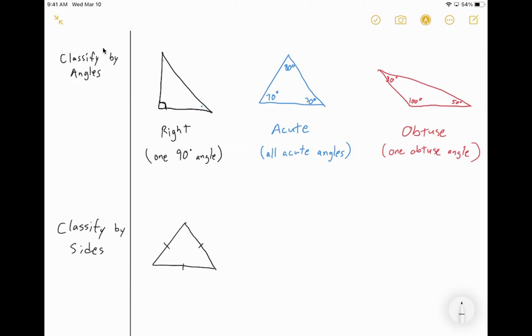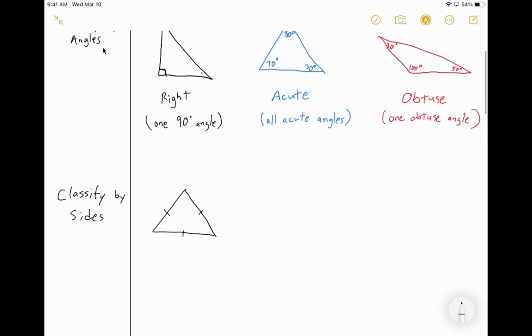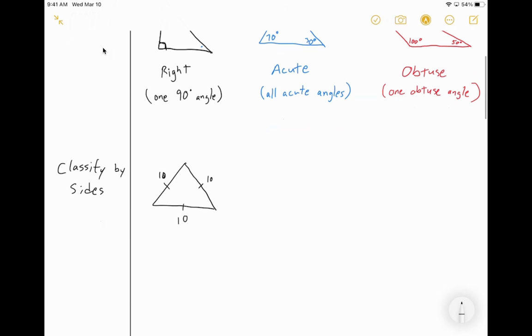These marks mean that all the sides are equal. So we'll use easy numbers here. We'll just say 10, 10, and 10. They're all 10. So if all the sides are equal, we use the term equilateral. These words are a little bit tougher.